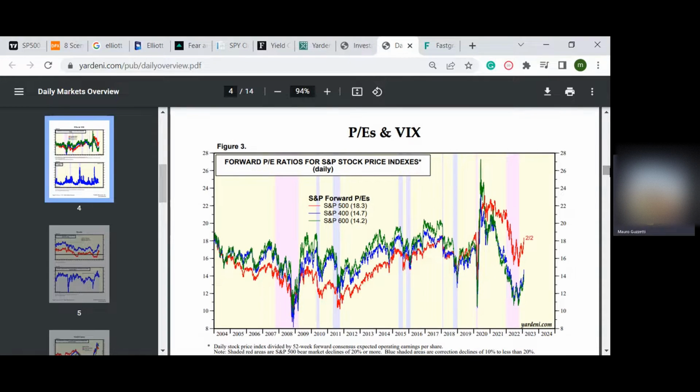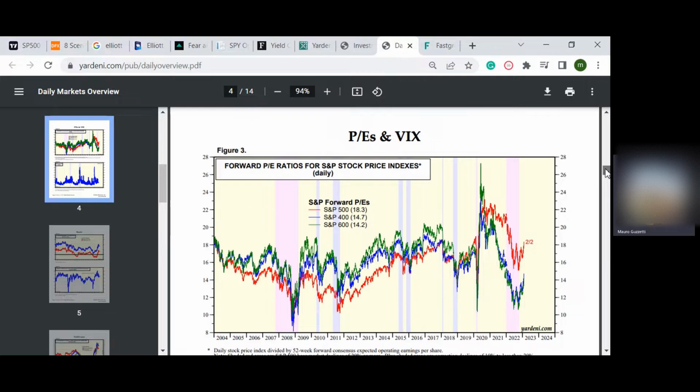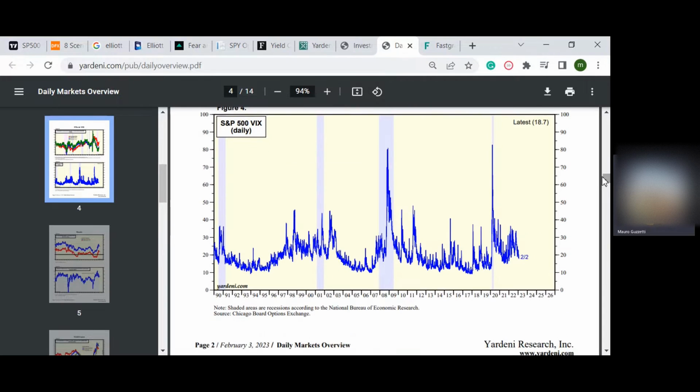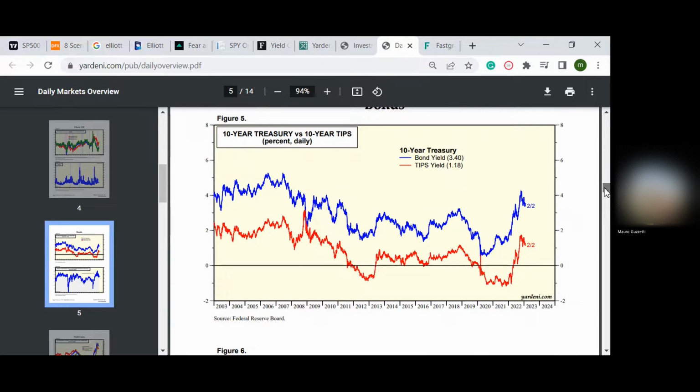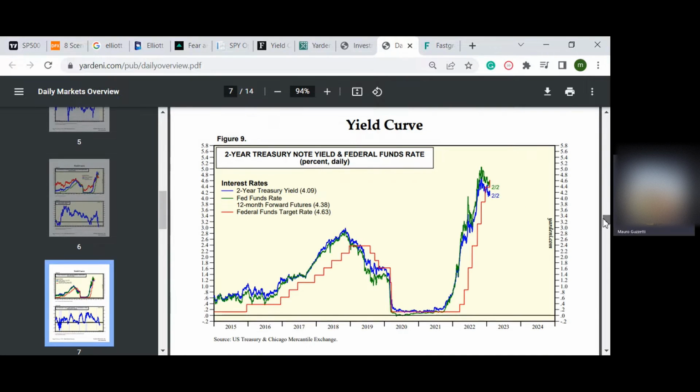Forward price to earnings, we are at a very expensive level for the big caps. The VIX is low. Generally, you want to buy when the VIX is high, not when the VIX is low, and not when a recession is about to come. Need to be very, very careful, guys.